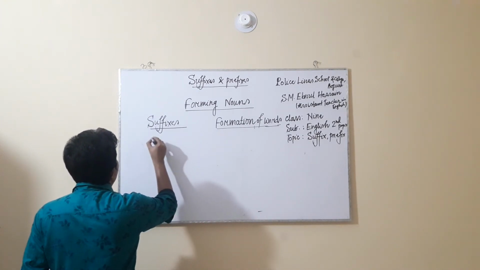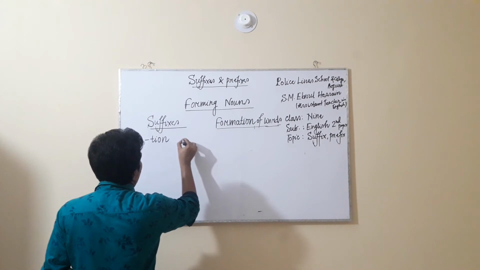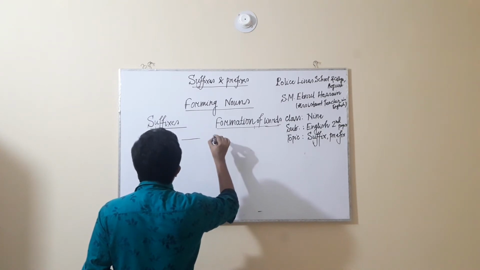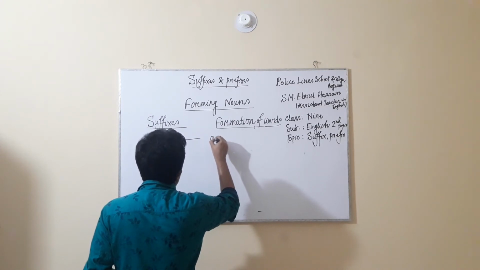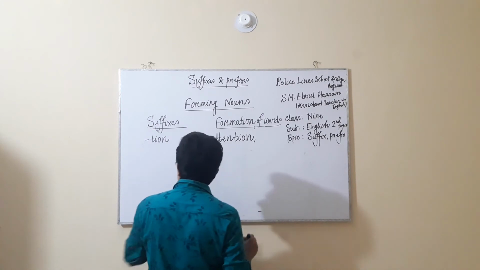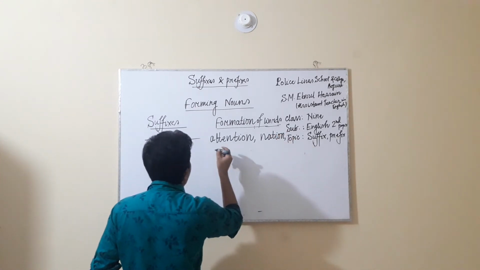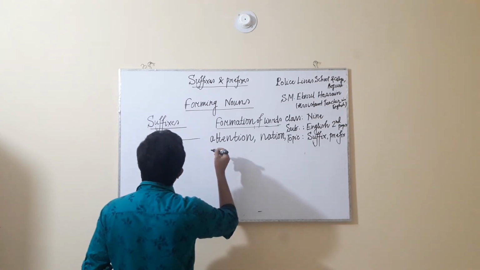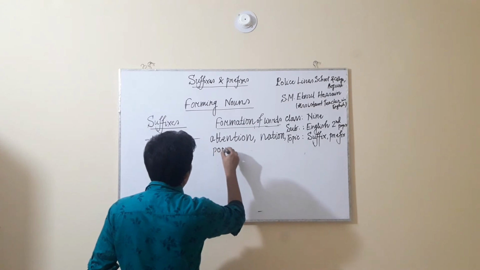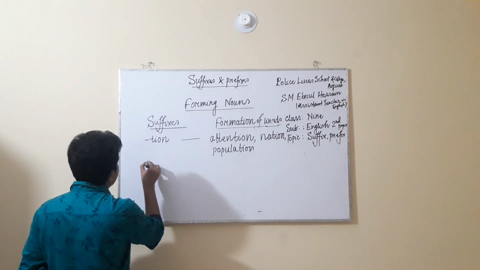Here TION: we can make words by adding the suffix TION, such as attention, nation, and population, etc.